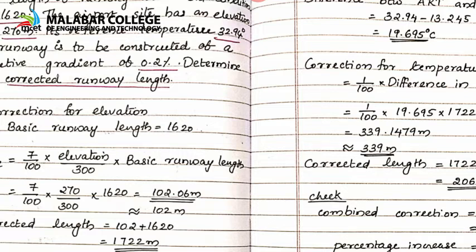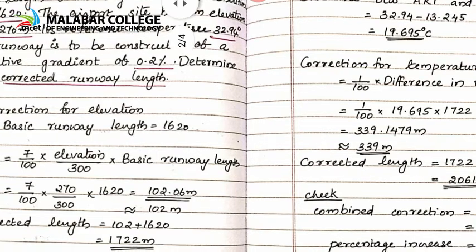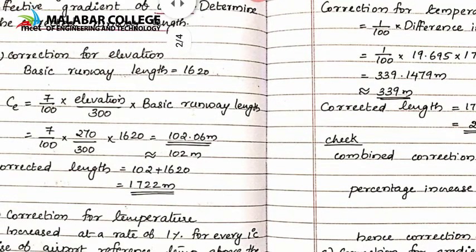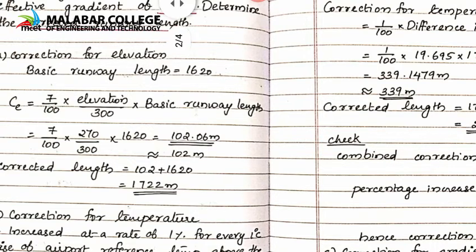That is equal to 7 by 100 into 270 by 300 into 1620. The elevation is 270 and the basic runway length is 1620. That is equal to 102.06 meter, approximately 102 meter.